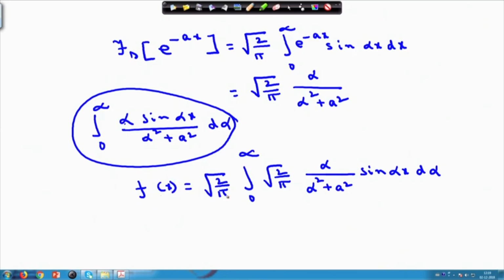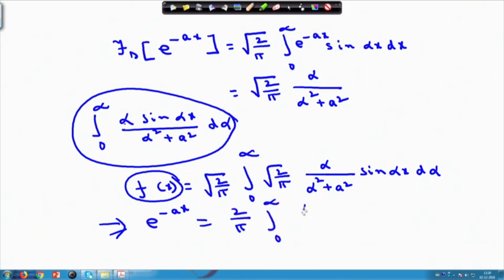f(x) you can write as root over 2 by pi integral 0 to infinity root over 2 by pi alpha by alpha square plus a square into sine of alpha x d alpha. And you know your f(x) is already given, that is e^(-ax). So, I am substituting the value of f(x) over here as e^(-ax), and this integral will be 2 by pi integral 0 to infinity alpha by alpha square plus a square into sine of alpha x d alpha.